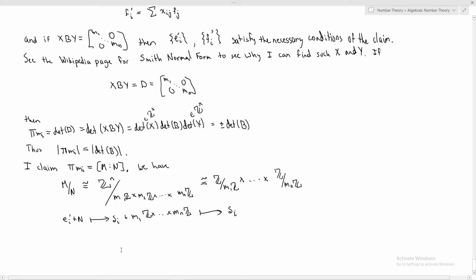So one should check these are valid isomorphisms.